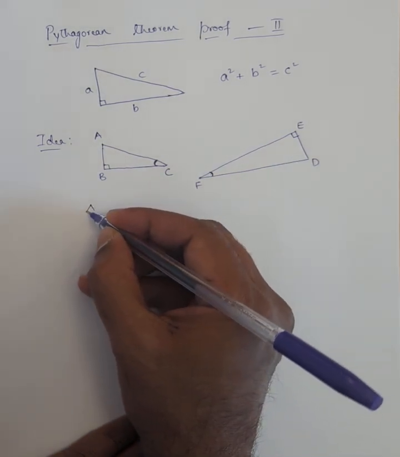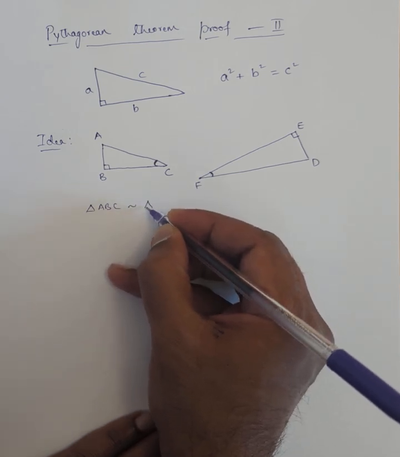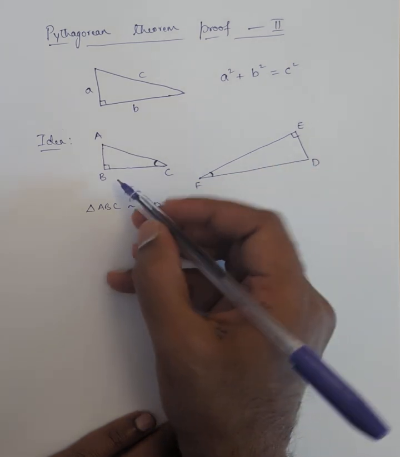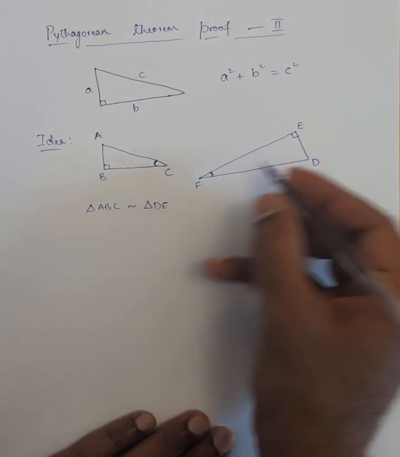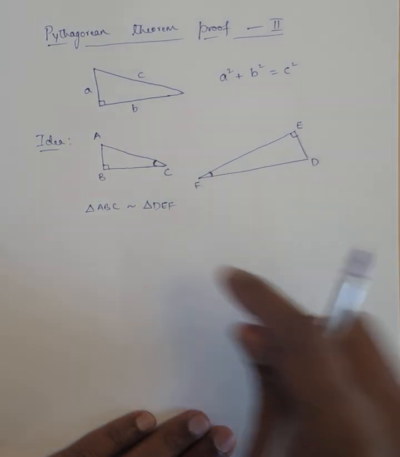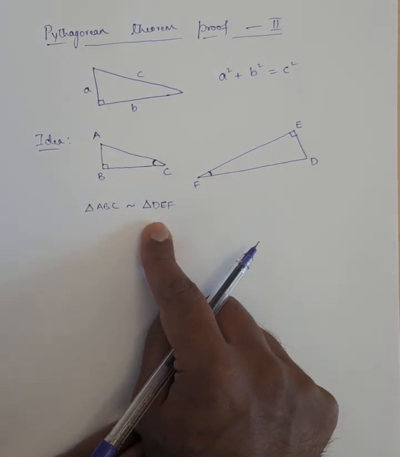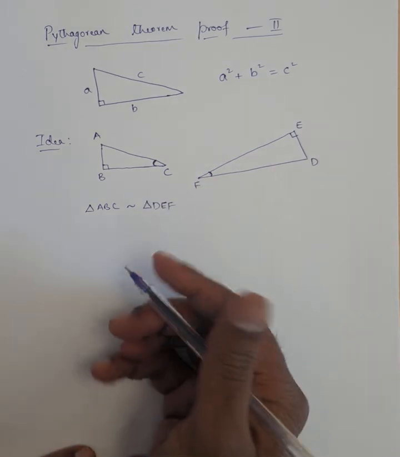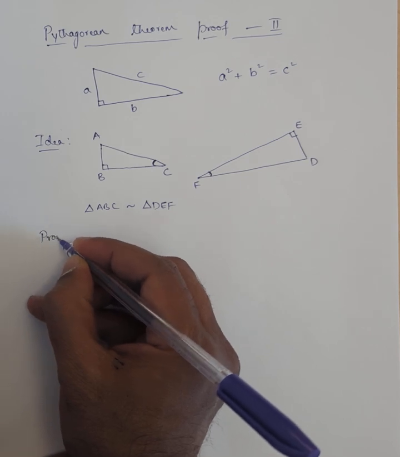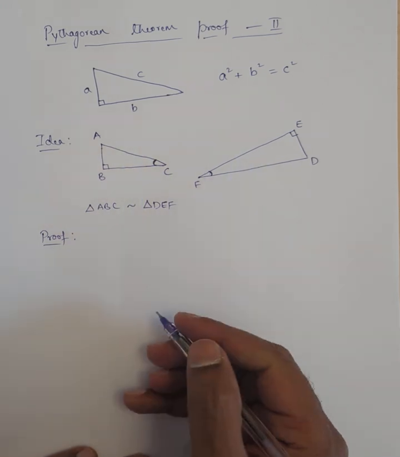So triangle ABC will be similar to triangle DEF, where A corresponds to D, B corresponds to E, and C corresponds to F. So they are not congruent, but they are similar. Okay, this is the idea we are going to use. And let's go ahead and prove Pythagorean theorem using this idea.